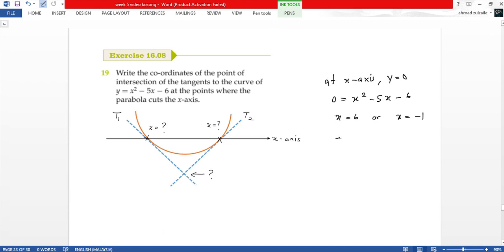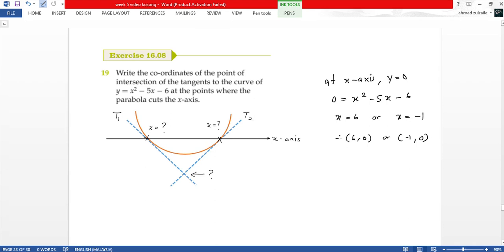So we get two coordinates, which are 6, 0 and negative 1, 0. Where does the 0 come from? 0 is from the x-axis. We say at the x-axis, y equals 0.